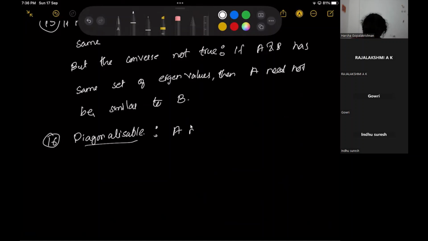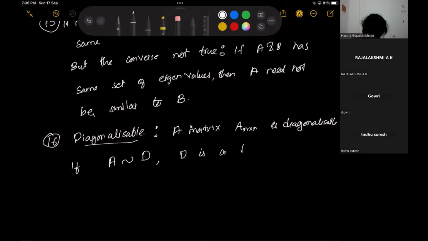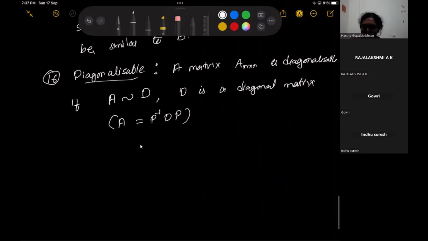A matrix A is diagonalizable if A is similar to a diagonal matrix D. Or we can say A equal to P inverse D P for some matrix P. If this is satisfied, we will say A is diagonalizable.